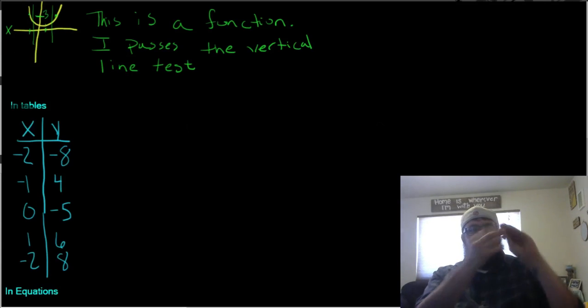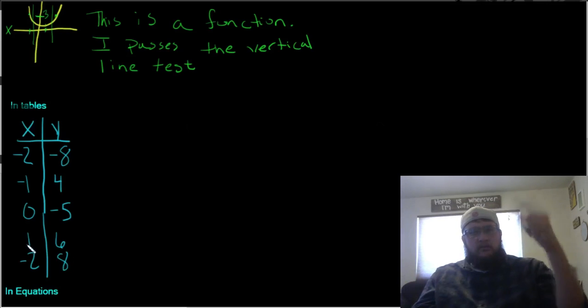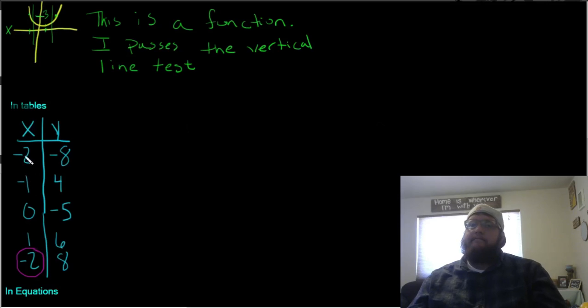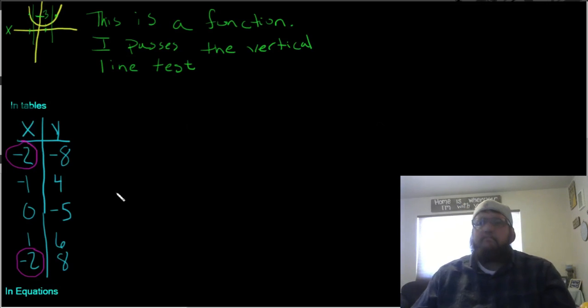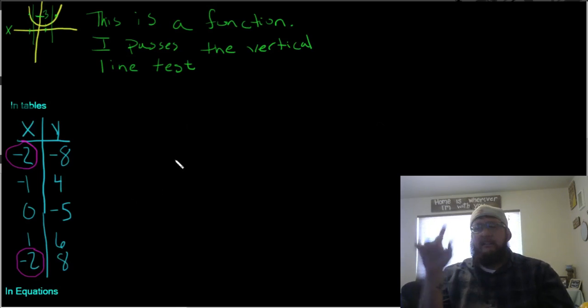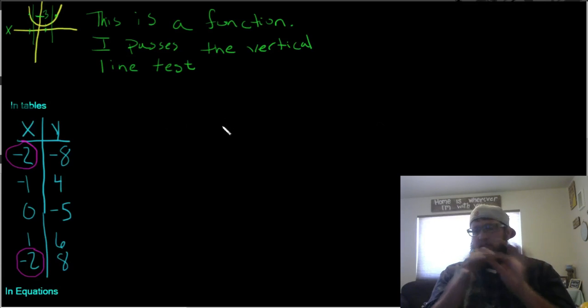And I'll go ahead and circle those. So we've got a -2 here as an input value, but it also comes up here as an input value. -2 as an input corresponds to -8, but -2 as an input also corresponds to 8. So let's see what this might look like on a graph, because that's usually a red flag that this is not a function.